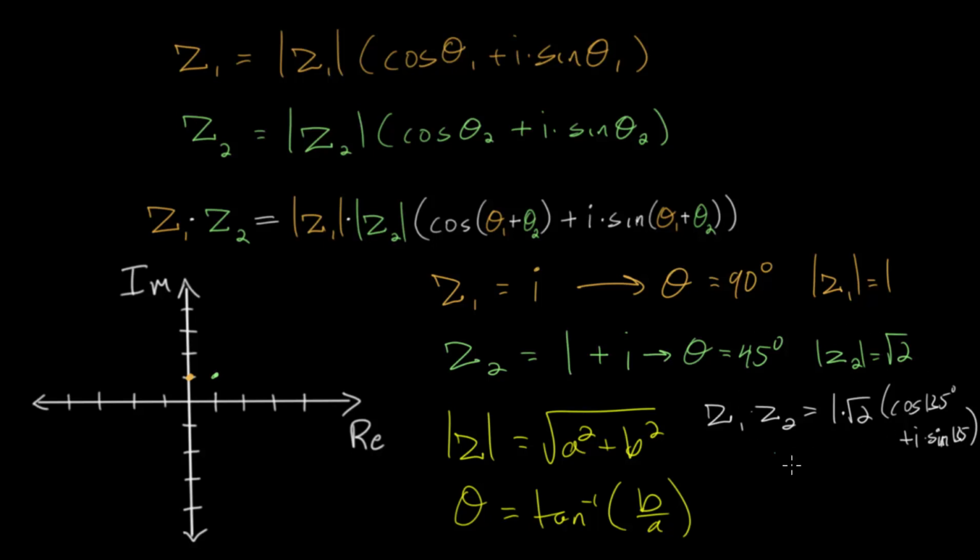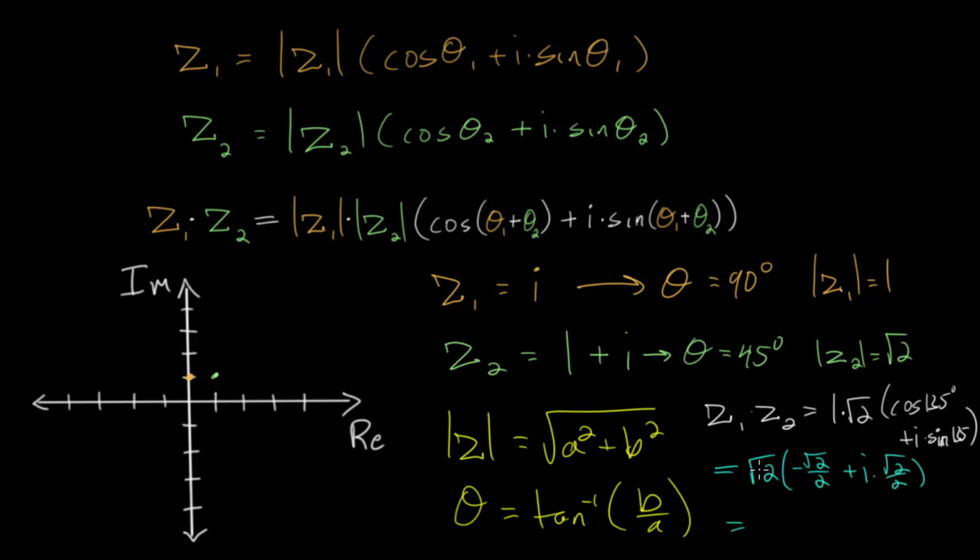If we simplify this, either using the unit circle or a calculator, we would have the square root of 2 multiplied by the cosine of 135, which is minus root 2 over 2, plus i times the sine of 135, which is positive root 2 over 2.